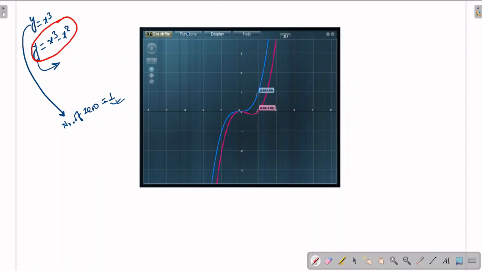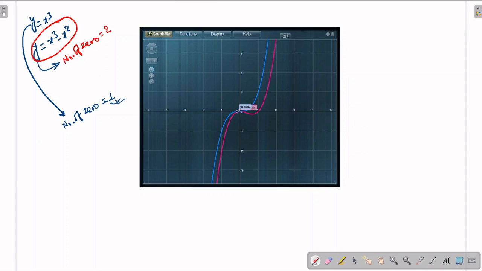Again you see that the graph is intersecting the x-axis at 2 points. One point is near about 1 and the second is near 0. So again you can say that here the number of zeros is equal to 2. So why is the number of zeros 2? Because there is another zero which is coinciding with the other zero, meaning both are the same. That's why you are getting only 2 zeros.